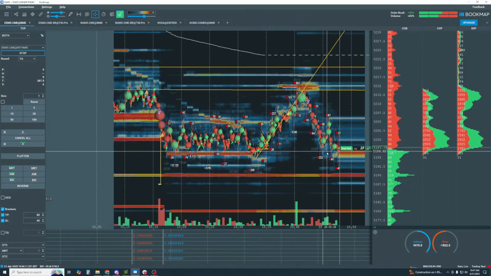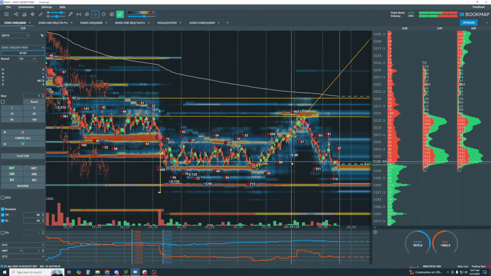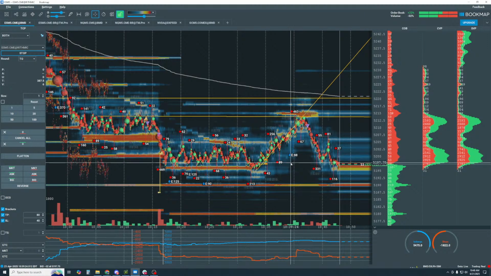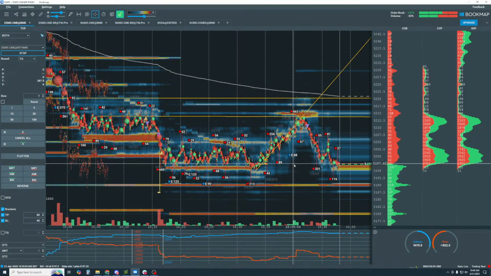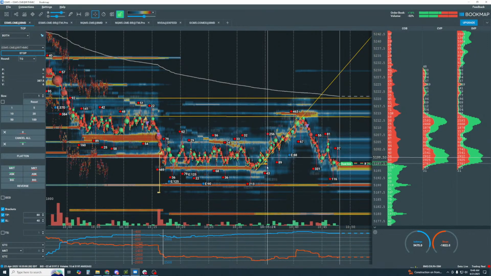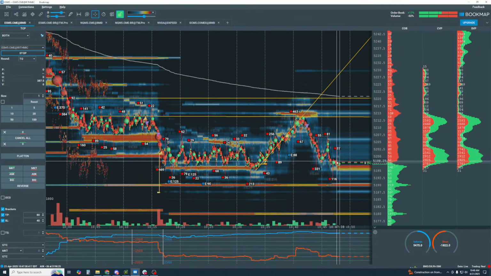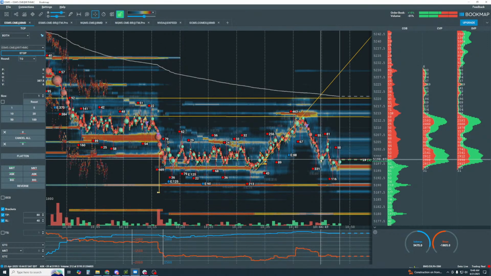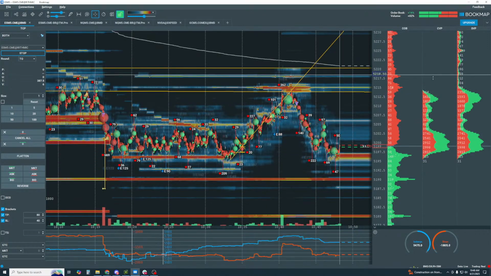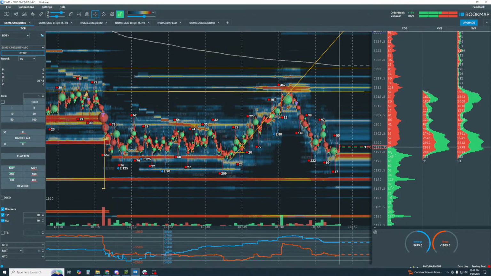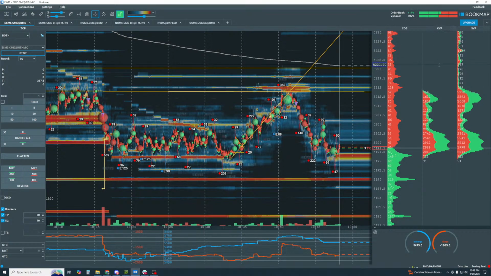Okay, well, let's take a look at this here. Kind of interesting, right where we are right now. We're going to open up a different chart range volume profile here.